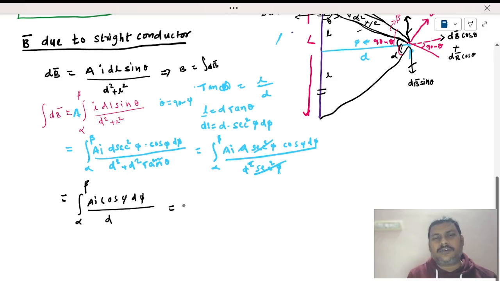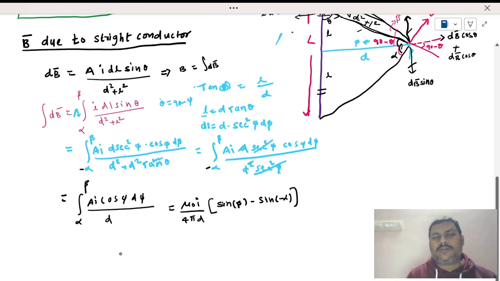So that is equal to mu naught I by 4 pi d into the integral of cos phi d phi, which is sin phi. Here the integration limits are beta upwards and minus alpha, therefore sin of beta minus sin of minus alpha.